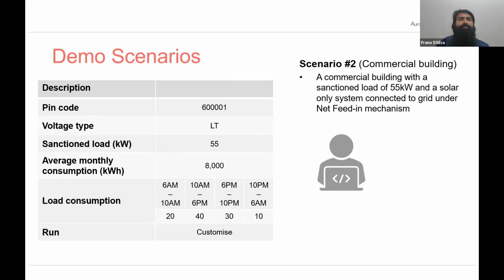To give a brief before we start the simulation, as I was mentioning in scenario 2, we will simulate a commercial building with a sanction load of 55 kilowatt under a solar only system and under the net feed-in mechanism for the voltage type LT with an average monthly consumption of 8,000 units.